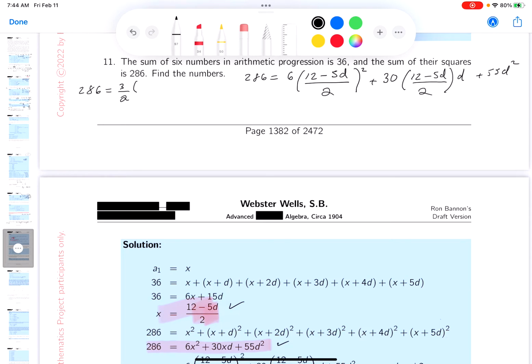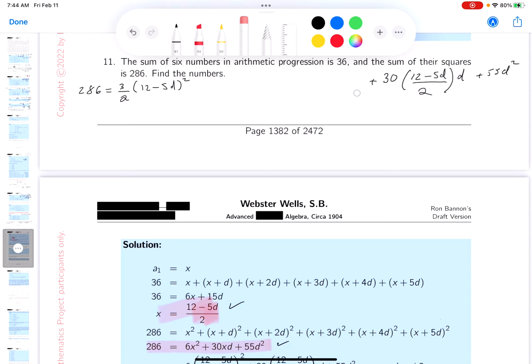And then when you get there, you'd get 12 minus 5d squared. All right? I'm going to start to erase things as I'm writing them down. I don't need this anymore. I know it's 286. I just said it's equal to 6 quarters, which is 3 halves, 12 minus 5d squared. Let me erase this over here.